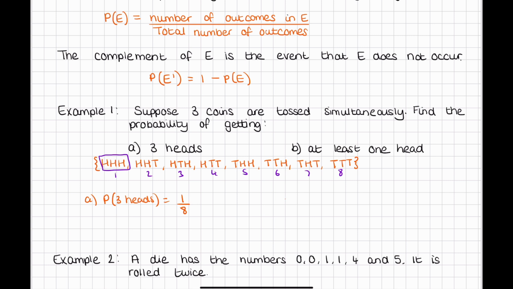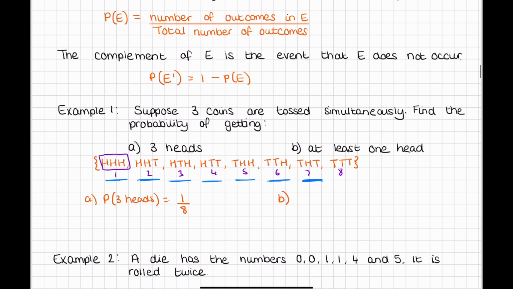And then for part B, at least 1 head. So we want all the ones we've got at least 1 head. So we've got 1, 2, 3, 4, 5, 6, 7. 7 of them have at least 1 head in it. So therefore the probability of at least 1 head is equal to 7 out of 8.